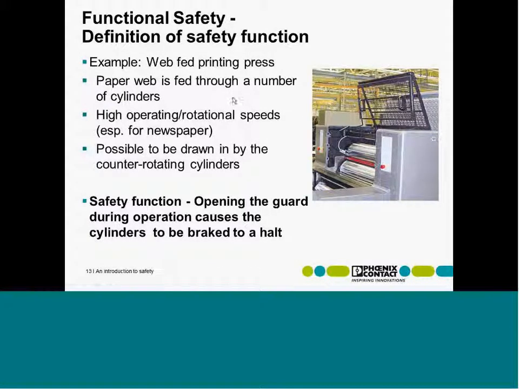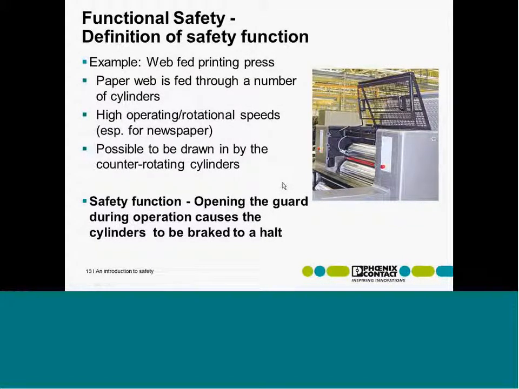A special procedure on this web-fed printing press is to feed the paper through the number of cylinders as we see here. One of the protective measures the designer has provided is a safety flap, or safety cover, which is provided with an interlock switch, a safety switch here. This would be our example for the following slides.